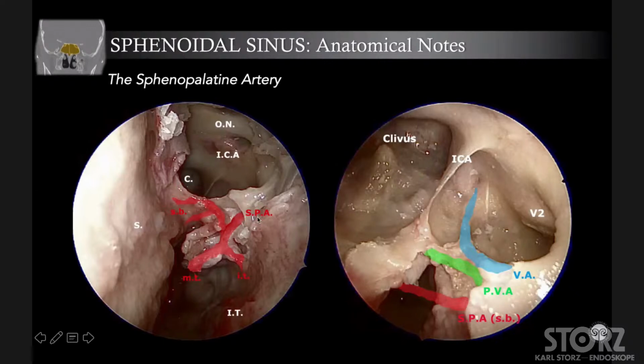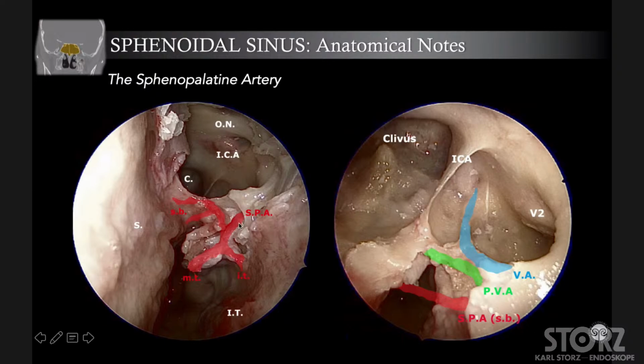We are now on the left side, and remember that there is a very rich vascularization at the level of the basisphenoid, a very rich network of vessels at that level. So you have to pay attention not to damage these branches, in order not to have bleeding in your procedure.